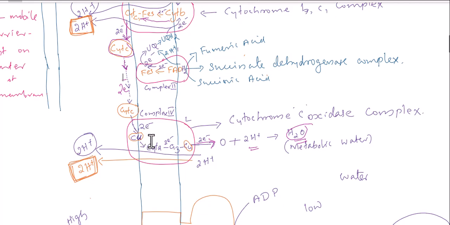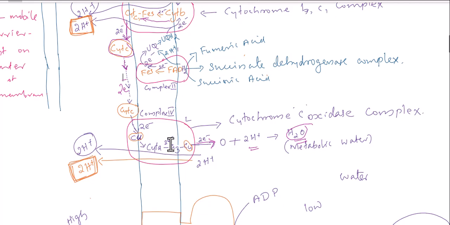While the electron is passed within complex 4, two hydrogen ions are again pumped from the matrix to the outside, using the energy of this electron.